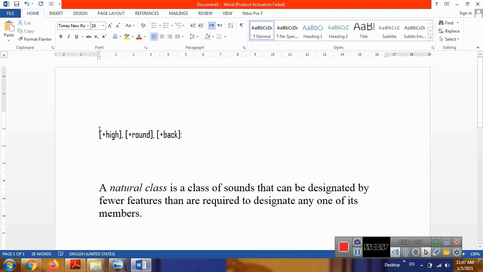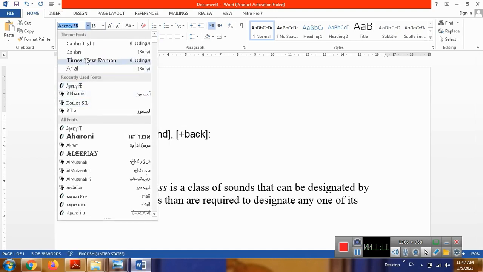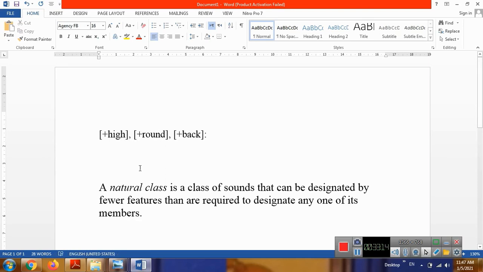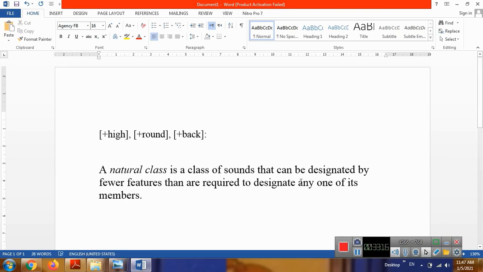I want to explain it according to the Turkish data. As you remember, and I told you, for defining the vowel of Turkish, for defining any one of its members, we should have three features.